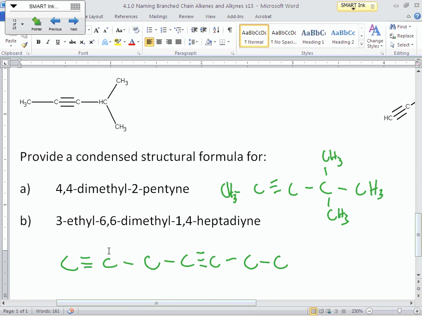A 3-ethyl, 1, 2, 3, C2H5, a 6,6-dimethyl, right down here, CH3, CH3, and what do we got? An H, right? I need an H on that guy. 1, 2, 3, 4, no H's on the second one. 1, 2, 3, a single H on that guy. No H's, no H's, no H's, H3.